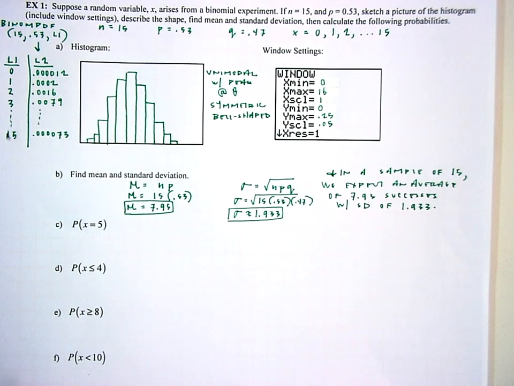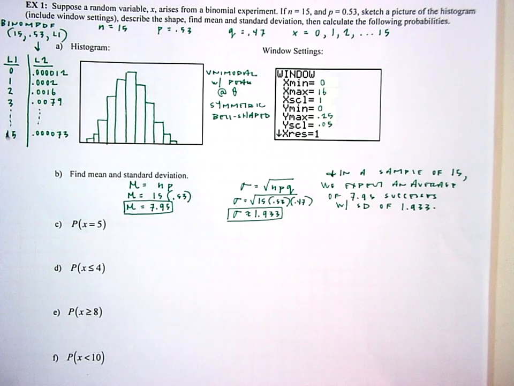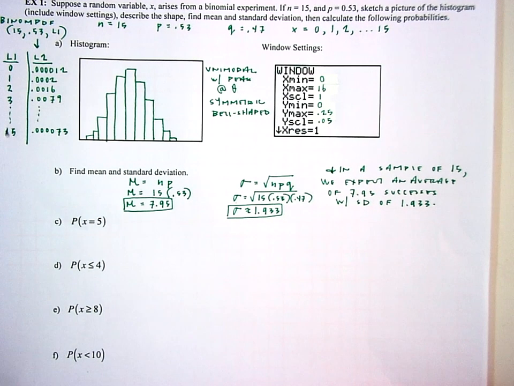Okay, so that's what all of that means, and now we're asked to make some calculations. So here we're going to be using the binompdf and binomcdf functions. First up, I'm looking at the probability of getting exactly 5 successes. Here it's exact, so I'm using binompdf.